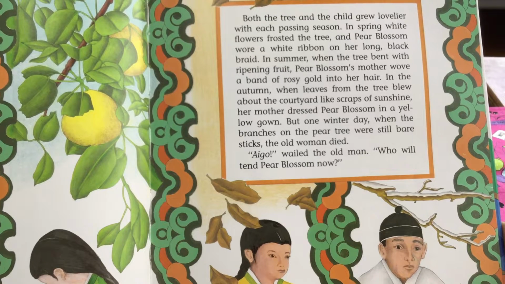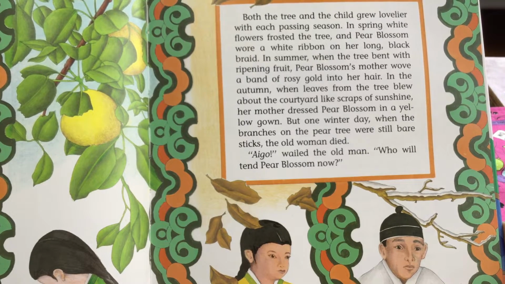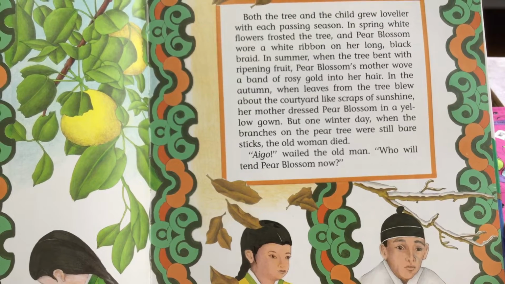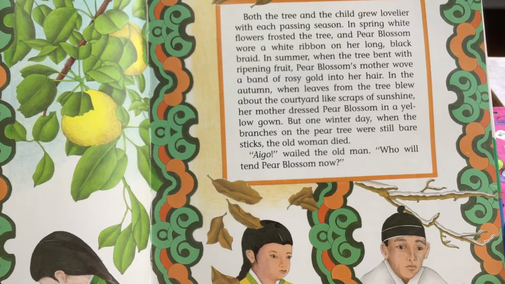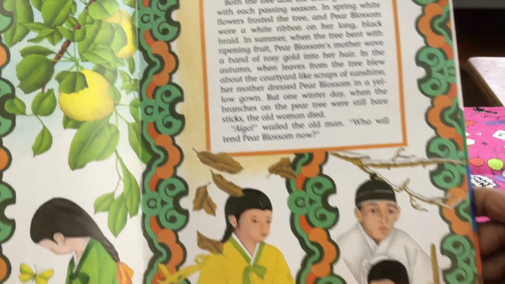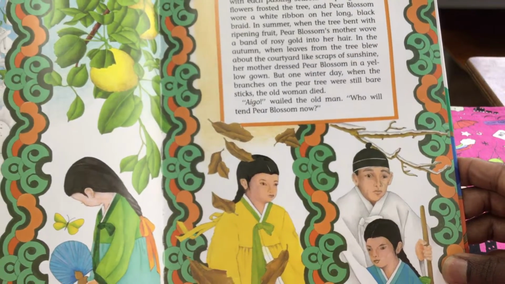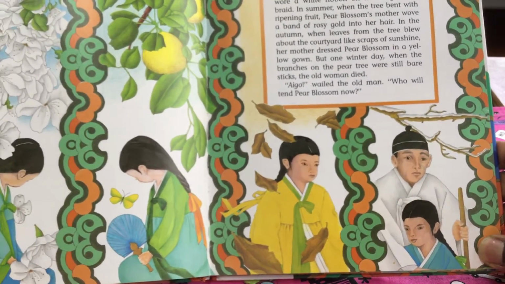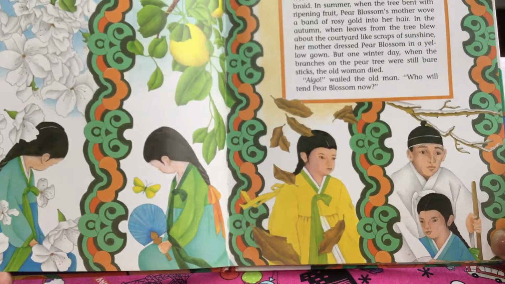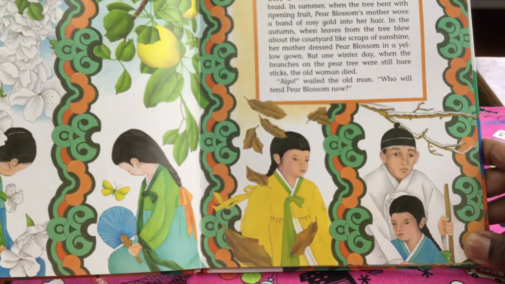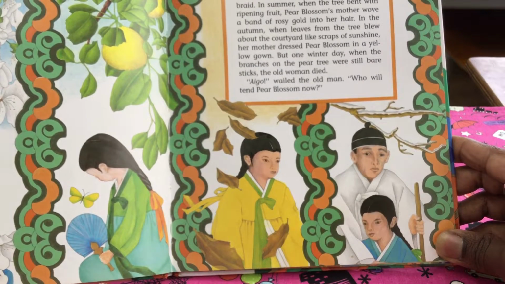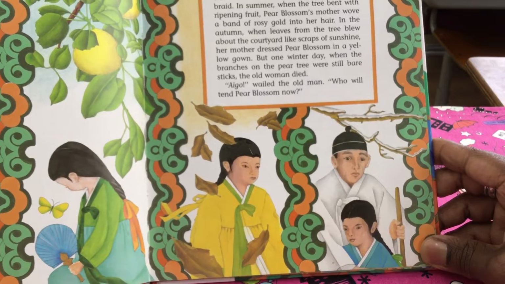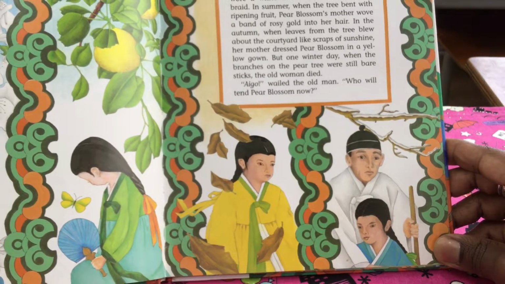In the autumn, when leaves from the tree blew about the courtyard like scraps of sunshine, her mother dressed Pear Blossom in a yellow gown. But one winter day, when the branches on the tree were still bare sticks, the old woman died. "Aigo," wailed the old man. "Who will tend Pear Blossom now?"